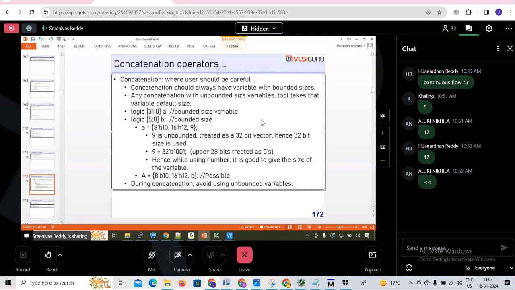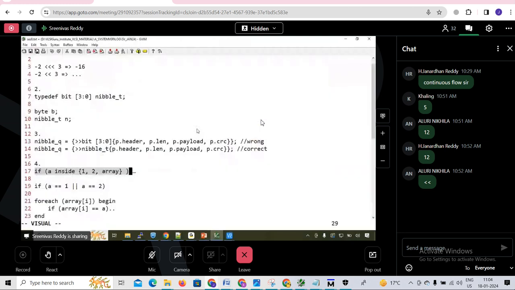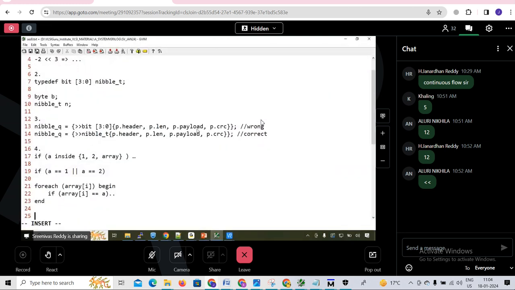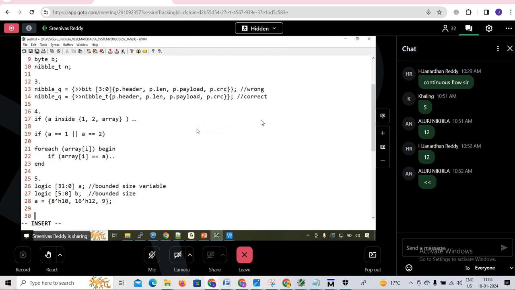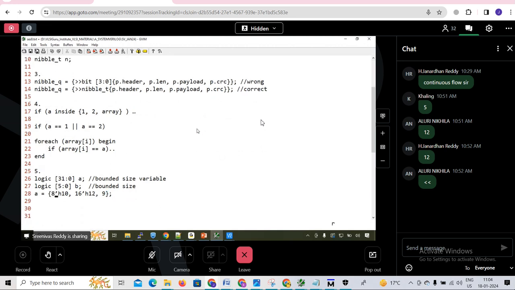A equal to 8'h10. Let's say this is my question. Can you tell me what will be the value of A in this case? At the end of this operation, what will be the value of A? A I have declared as a 32-bit logic variable. B I have declared as a 6-bit variable. I'm concatenating A equal to 8'h10, 16'h12, and 9. What will be the value of A here?